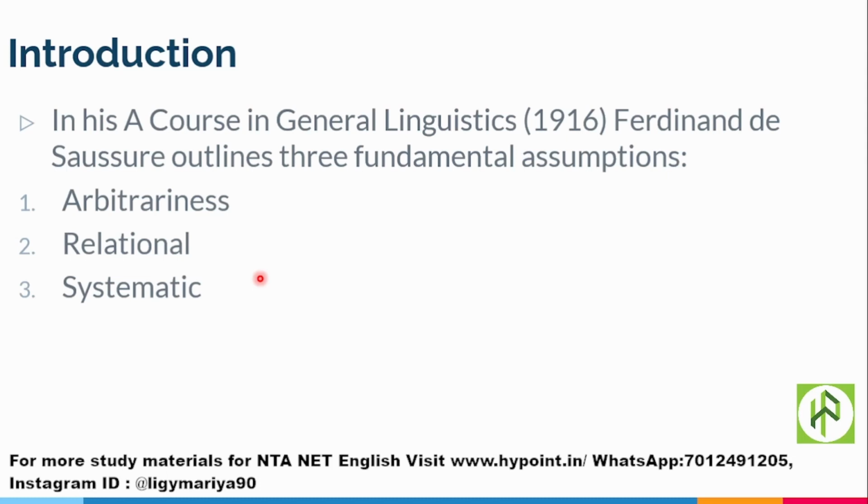What is a signifier? A signifier is a word, or the sound of that word, or an image. If you see the red light in the traffic light, that is a signifier. If you see the picture of Mahatma Gandhi, that is a signifier.